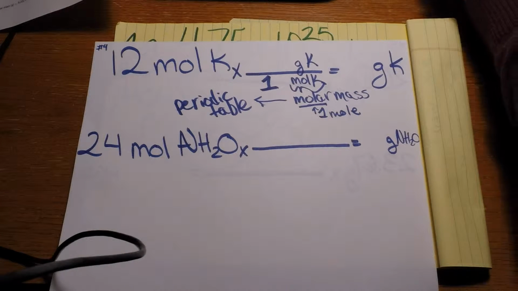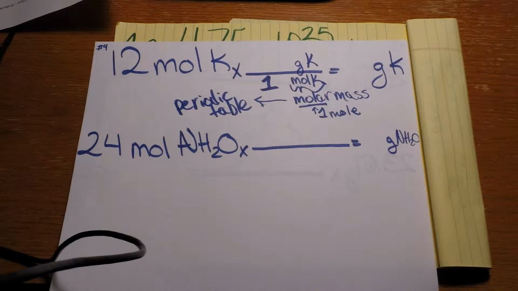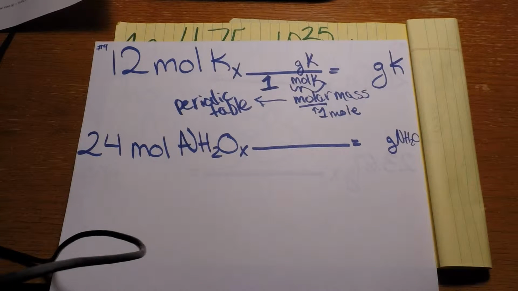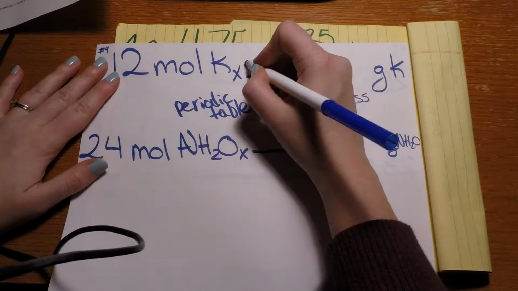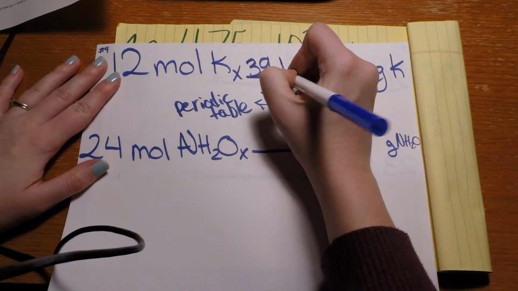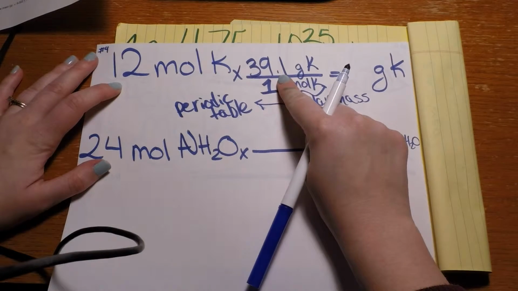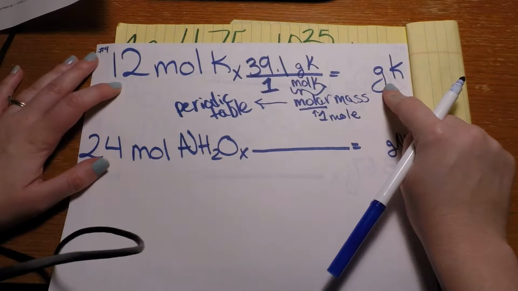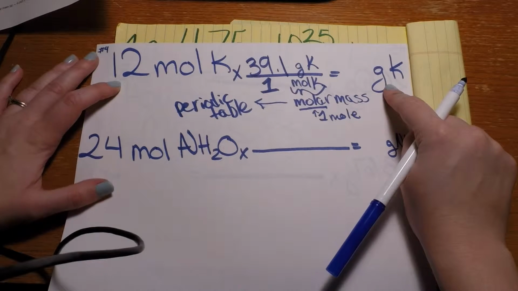And as I quickly look it up, yay, potassium is 39.1. Okay, so we're going to take 12 times 39.1, and that will give us our final answer. You should go ahead and plug this in. I will put in these answers at the end of the video.